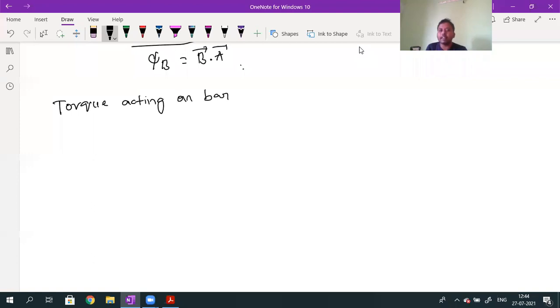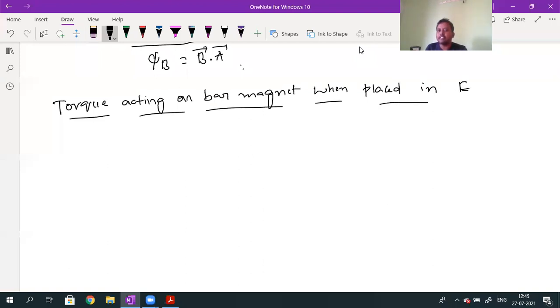Whenever a bar magnet is placed in an external uniform magnetic field, what is the expression for the torque acting on it?